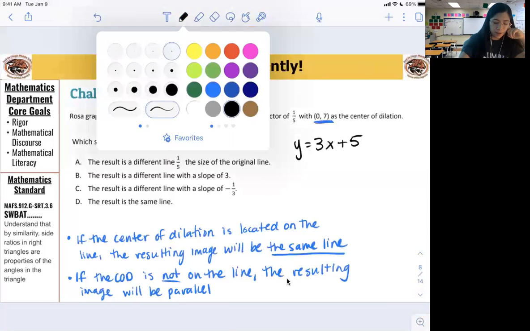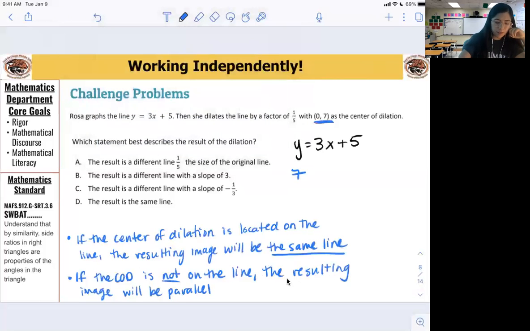So I'm plugging in 7 for y and 0 for x. And then you just see if the answer is true or false. What's 3 times 0? 0. Does 7 equal 5? No. So it's not on the line.